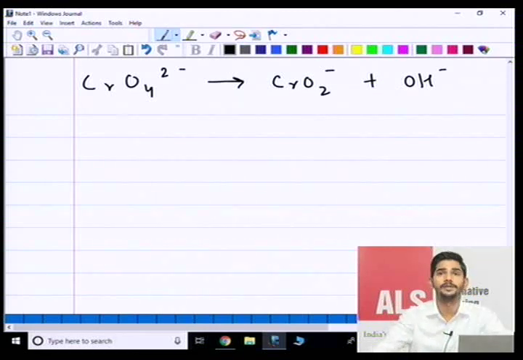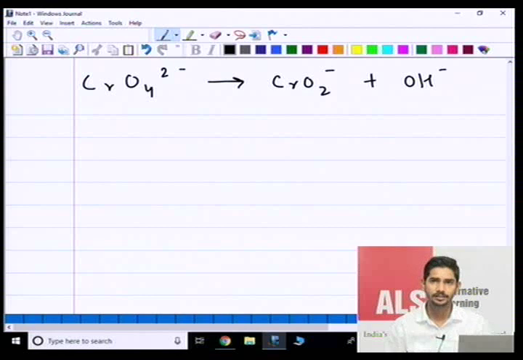You can go option wise. I would suggest, where the question of balancing comes to you, there are two methods. First, which I have discussed with you, and the second one is go option wise. This is the only way to solve these kind of questions. No need to waste your time balancing these kind of reactions.